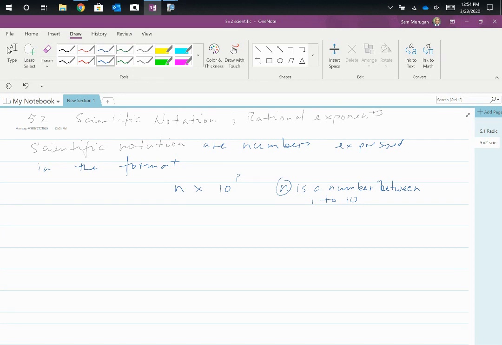So examples of scientific notation can be 2.615 times 10 to the power 25, which is a really large number, or 1.99961 times 10 to the power negative 11, which is a really small number.